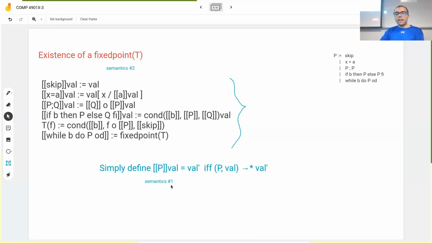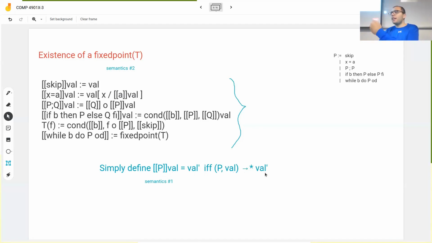Now, what I do is that I go back to my original semantics, the semantics that I had from previous sessions, the operational semantics. And I say, imagine that the semantics that I assign to a program P, and remember that this was again a function that mapped inputs to outputs, on initial state val, is going to be val prime, if and only if when I run program P on val according to my operational semantics, I end up at val prime.